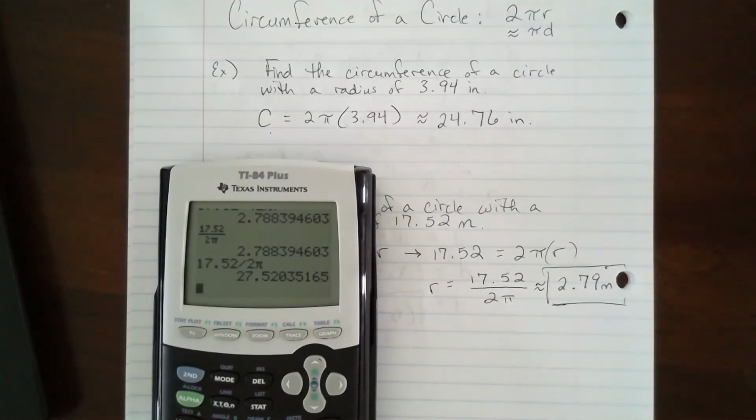It works from left to right, and it does the whole PEMDAS, if you've heard of that, or like, please excuse my dear Aunt Sally, or any other mnemonic to memorize these things. The calculator sees 17.52 divided by 2, and it does that first. Then it multiplies all of that by pi instead of dividing by pi, because it's reading it this way instead.